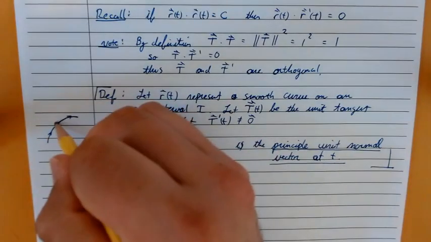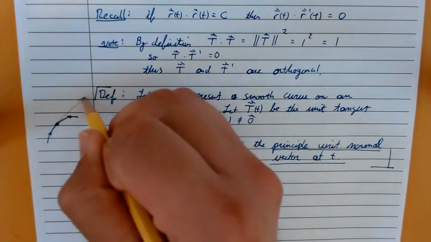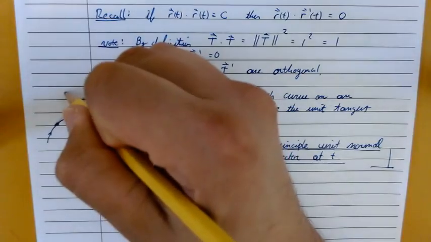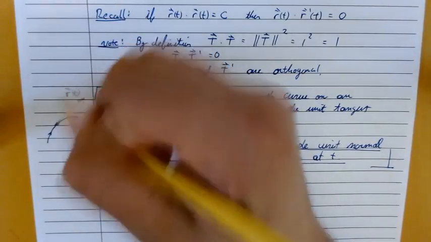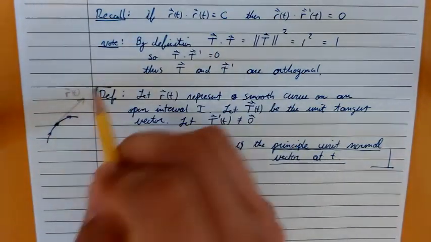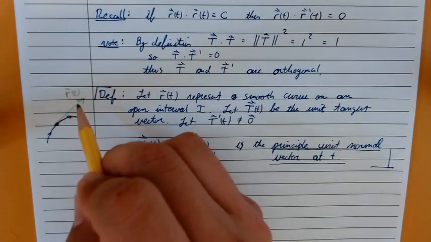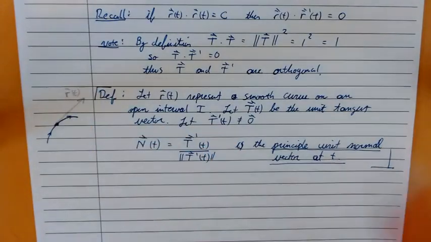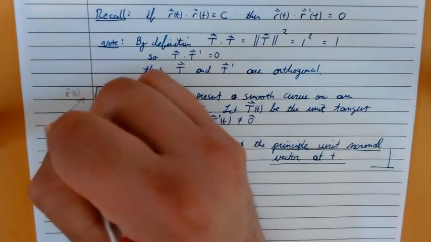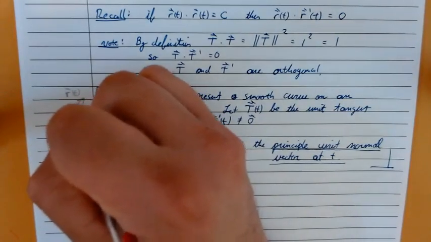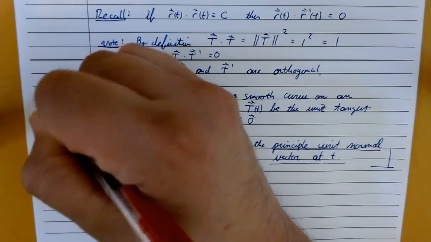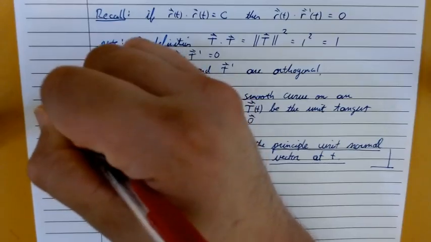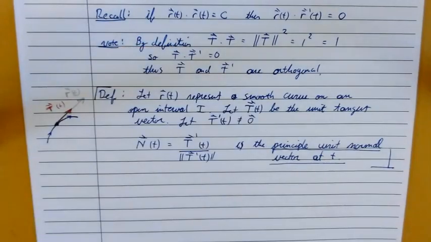Oh, but that's just some length. We don't even know what length it is. Oh, but if we divide it by just the right length, we'll scale it down so that it is exactly 1 unit long. That's called the unit tangent vector at the point t. Okay?